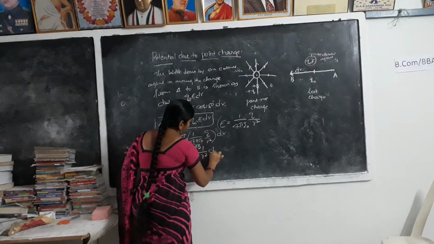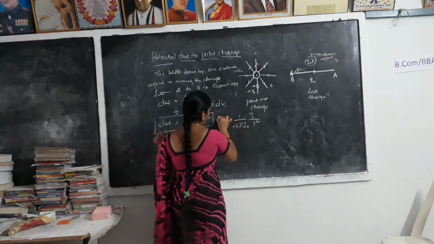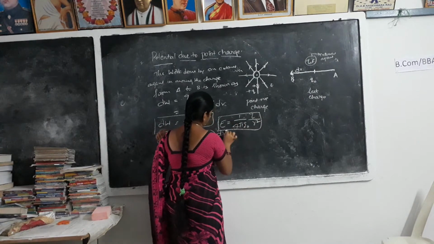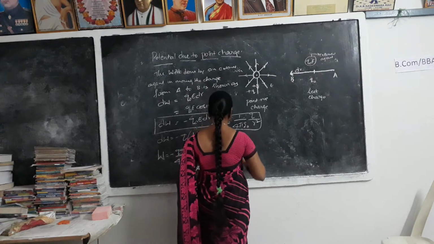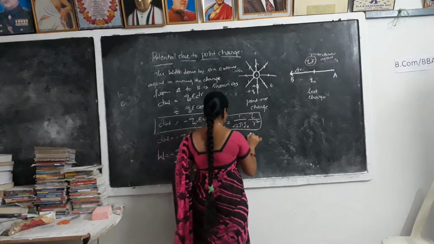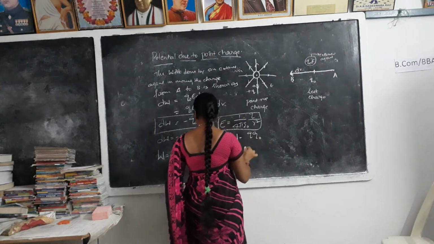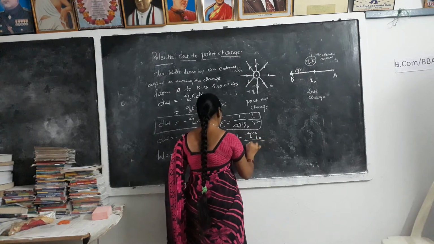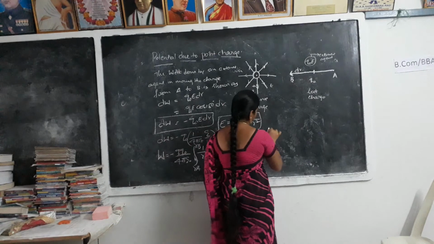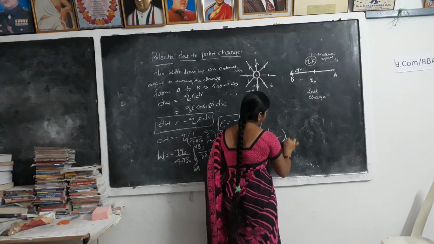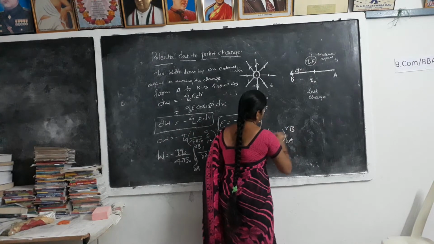Then W equals Q naught Q by 4 pi epsilon times minus 1 by R, from RA to RB.